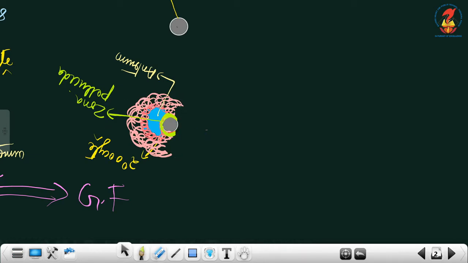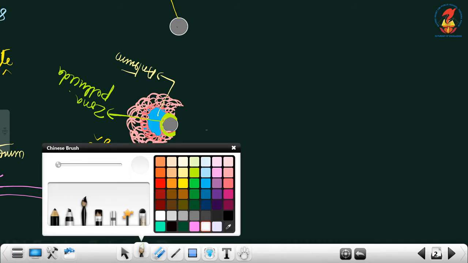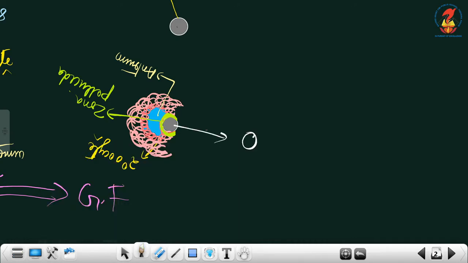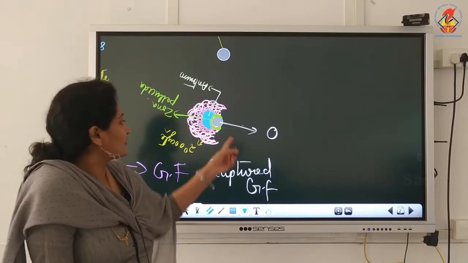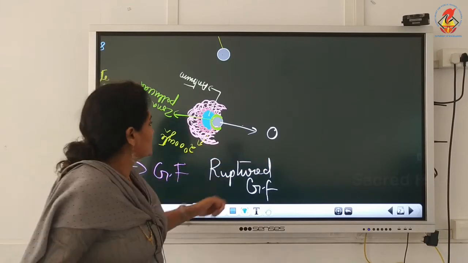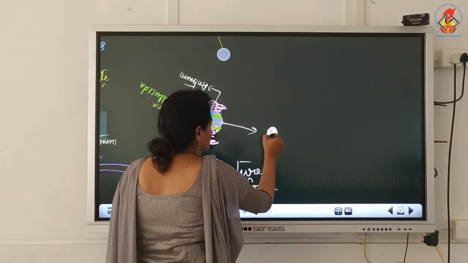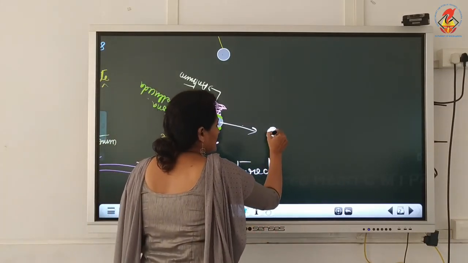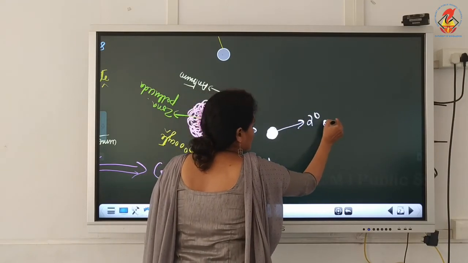This egg is released, or sorry, the oocyte is released. The secondary oocyte is released. So, this is the representation of ruptured Graafian follicle. It's just as simple as this. The granulosa cells rupture and release the secondary oocyte.